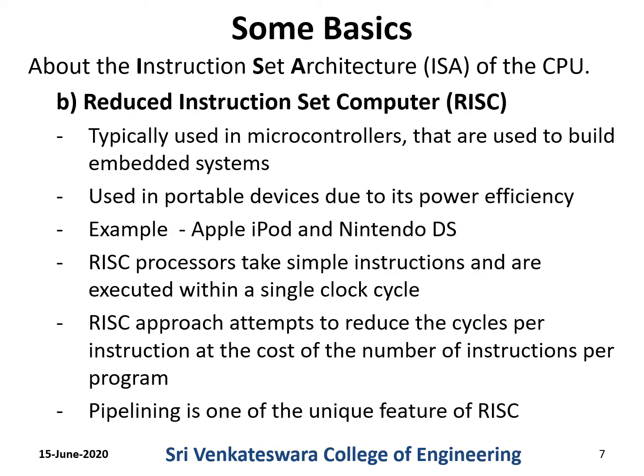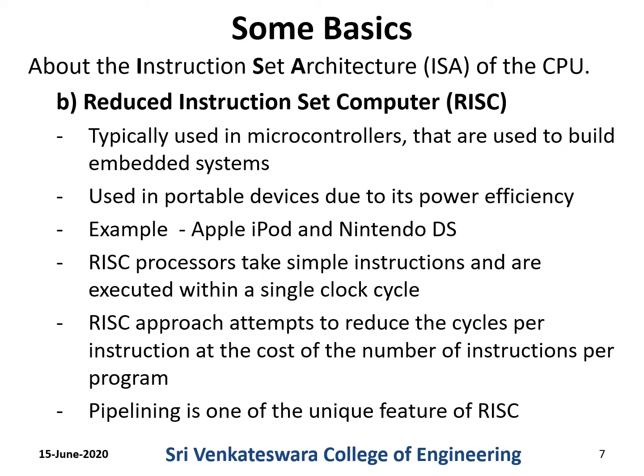The next type of instruction set architecture of the CPU is RISC, Reduced Instruction Set Computer. RISC processors make use of simple instructions which can be executed within a single clock cycle. Because of this, they also consume less power. Hence, they are used in microcontrollers which are used to build embedded systems. One of the unique features of RISC is pipelining.